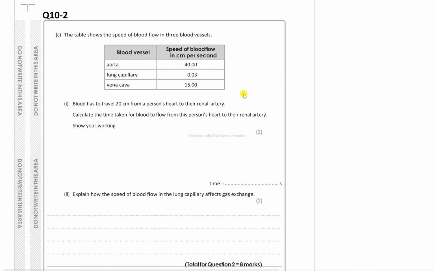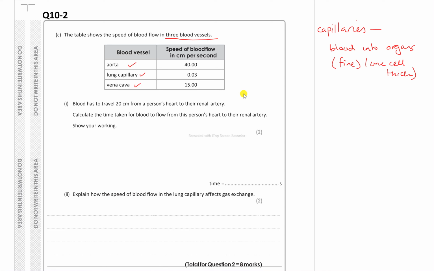The table shows 3 blood vessels: aorta, capillary, vena cava. Remember what we said, what do capillaries do? They take blood into organs, so they have to be very, very fine, 1 cell thick.